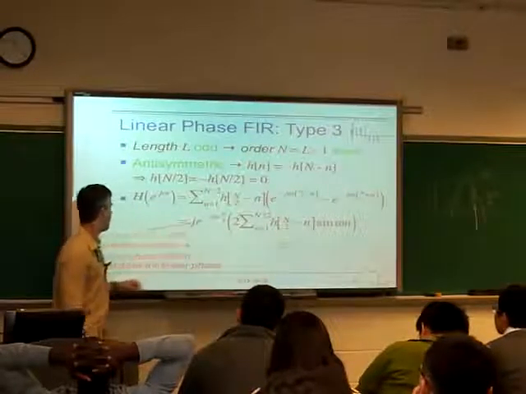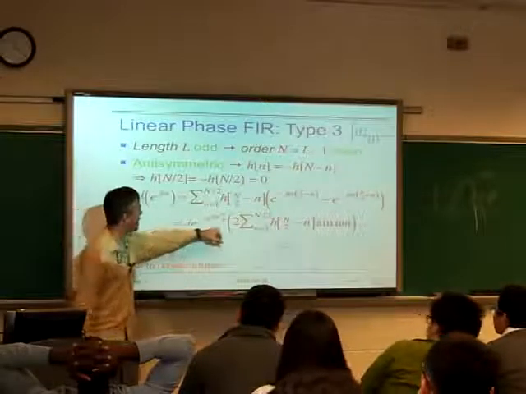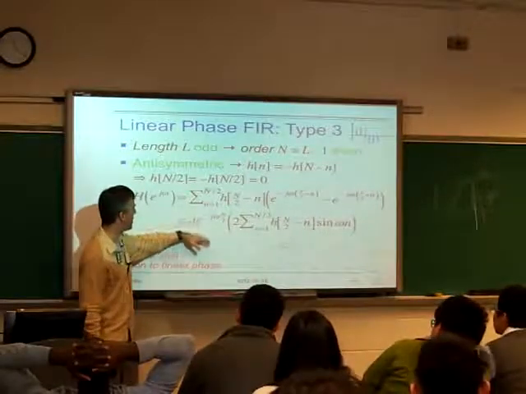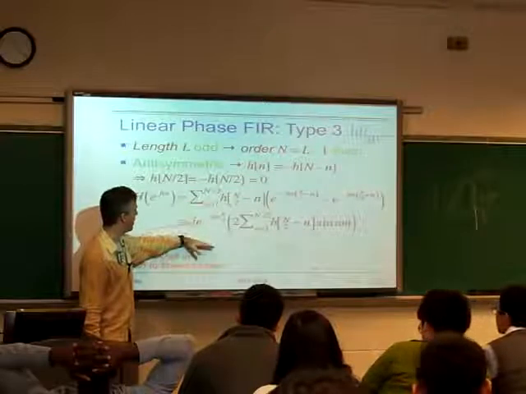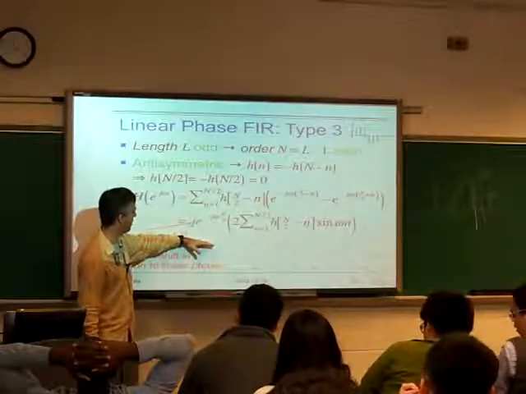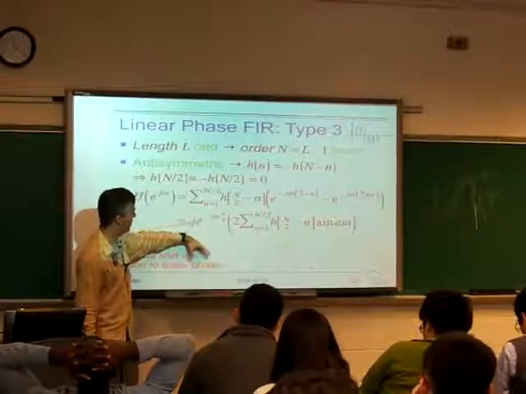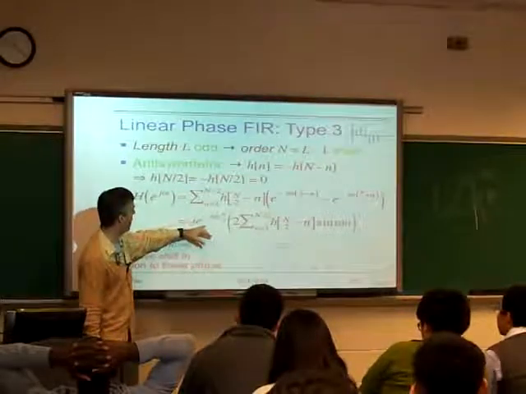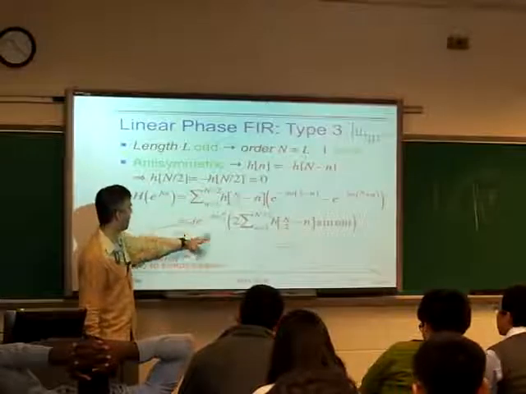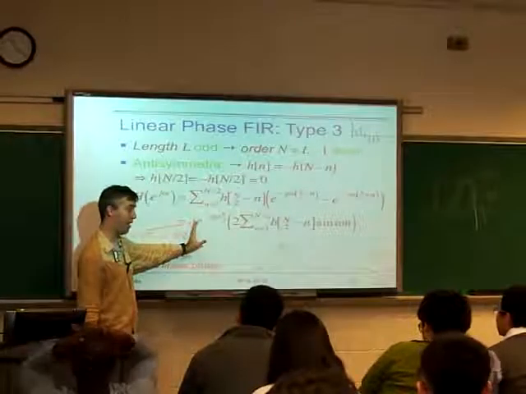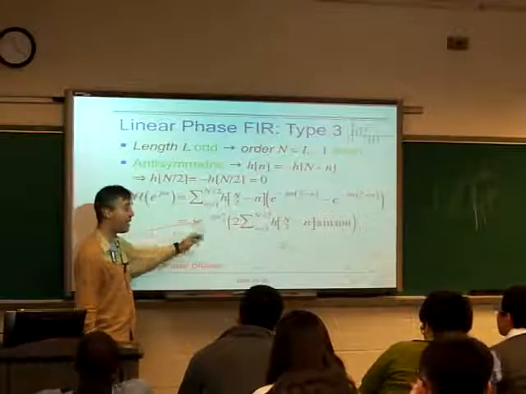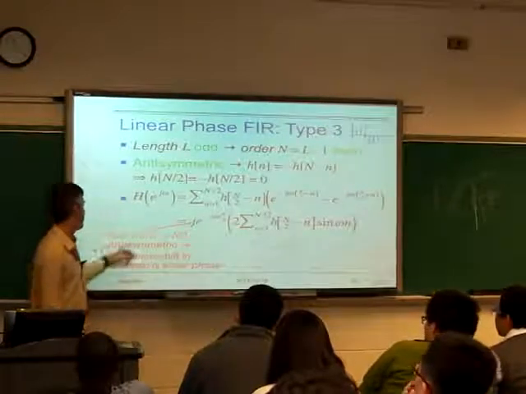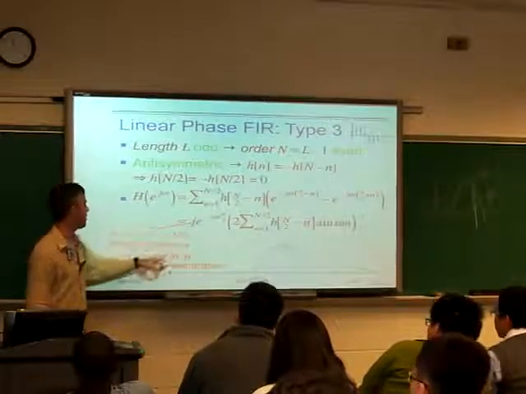Looking at the phase term first, the e to the minus j omega N on 2 is a linear phase rotation of omega N on 2. And then the j part is a phase rotation of plus pi on 2, independent of omega. So here's the phase, pi on 2 minus omega N on 2.